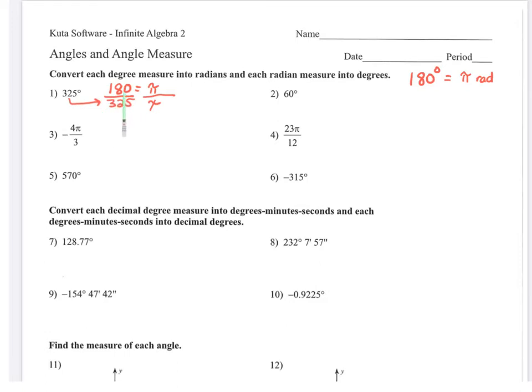We're saying that if 180 degrees equals pi radians, then how many radians are in 325 degrees? So we can cross multiply here: 325 times pi equals 180 times x.